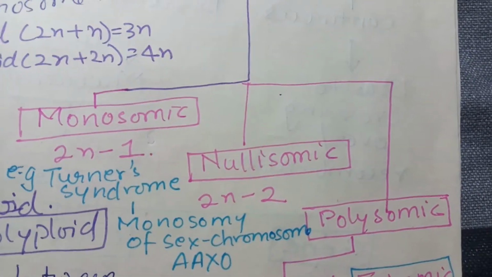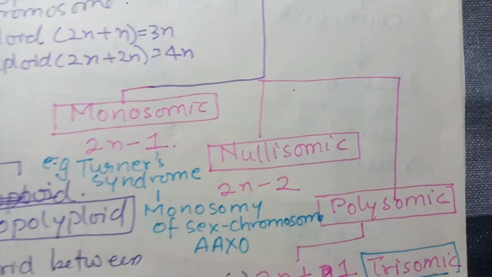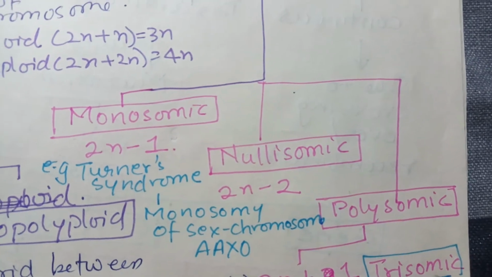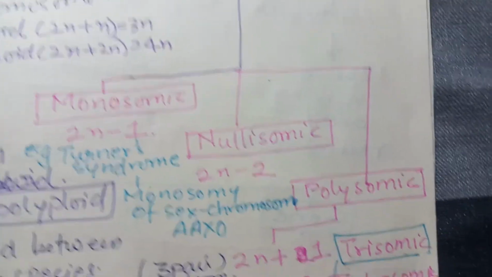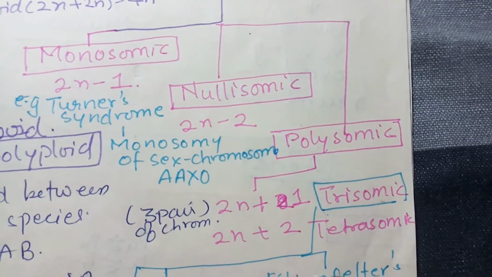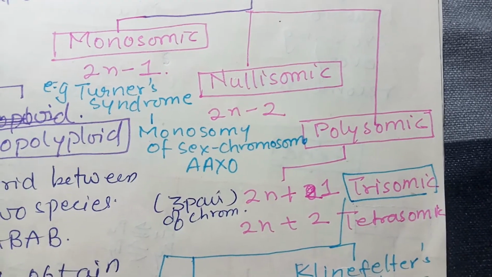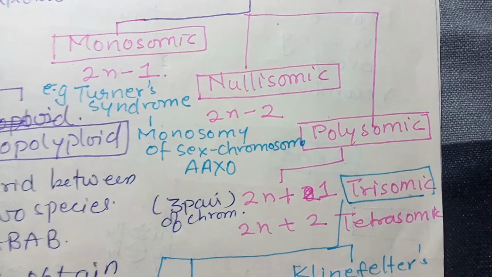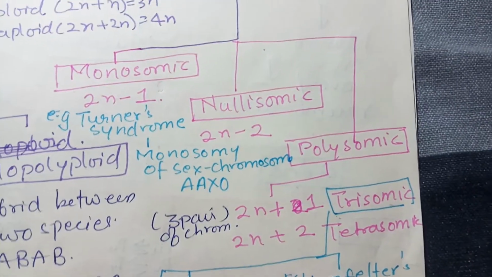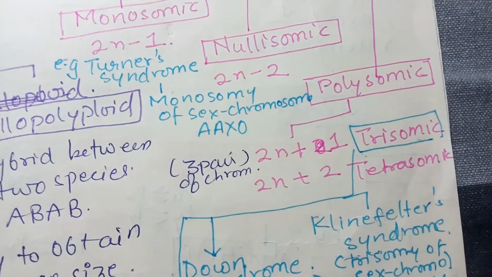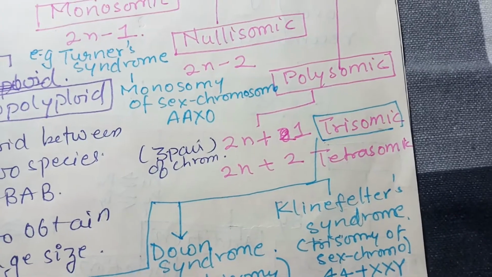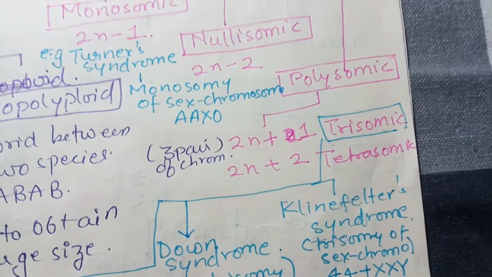Nullisomy is where both of the sex chromosomes are missing. Polysomy is where extra chromosomes are added.